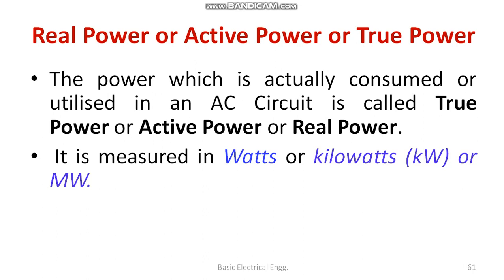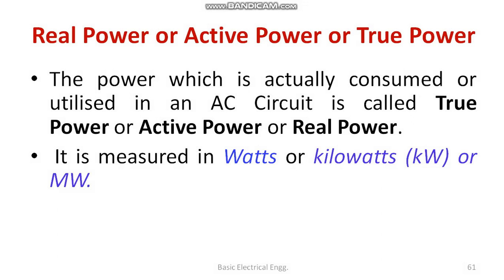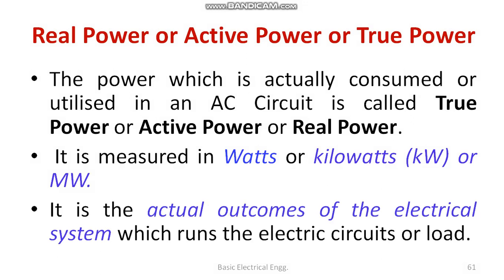It can be measured in watts, kilowatts or megawatts. It is the actual outcome of the electrical system which runs the circuit or the load. The power which can be utilized or consumed is known as real power.